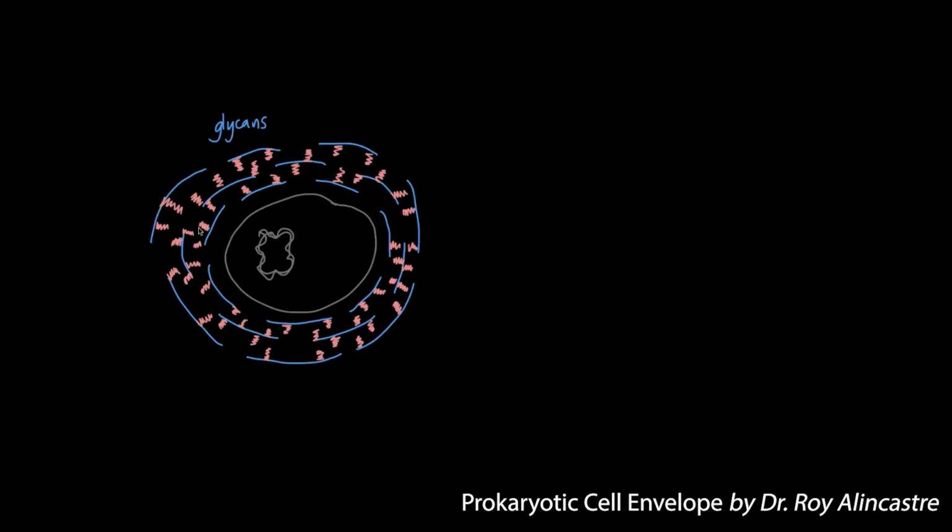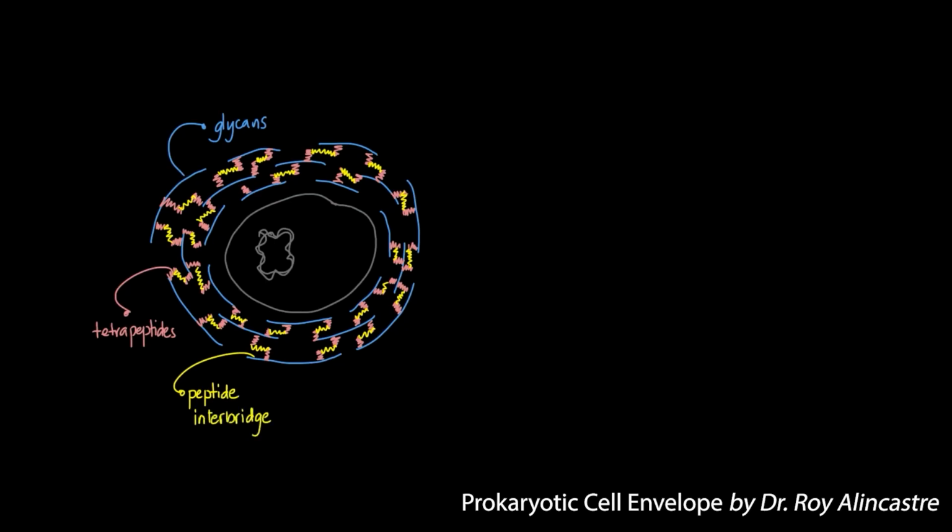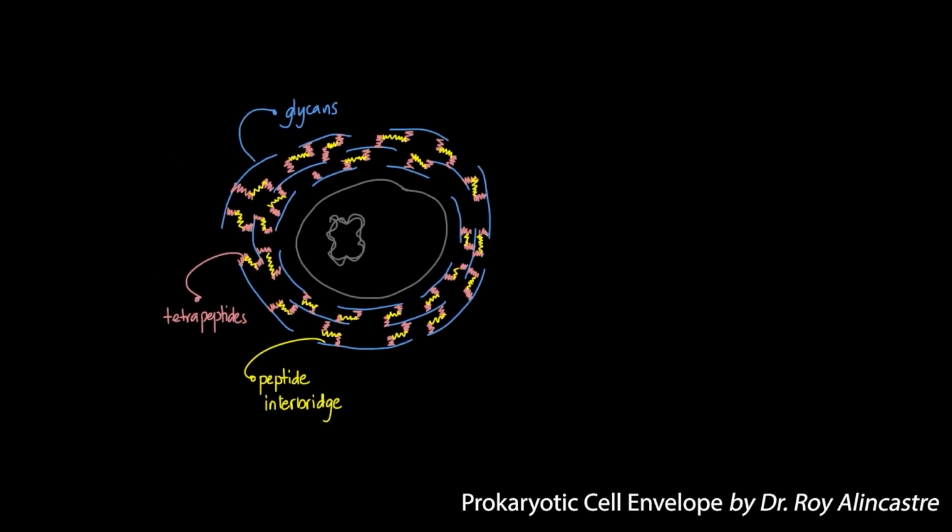They are also called peptide or tetrapeptide links. And these peptides are cross-linked with each other with a peptide interbridge. So all of these components together make it the peptidoglycan cell wall. And these are all somewhat connected to each other to form one macromolecule of peptidoglycan.